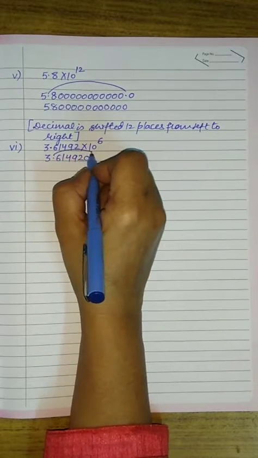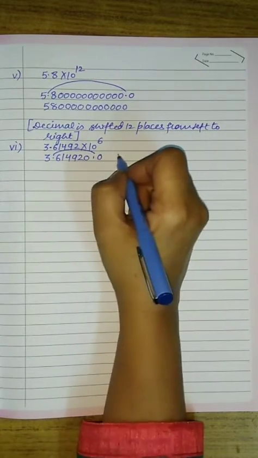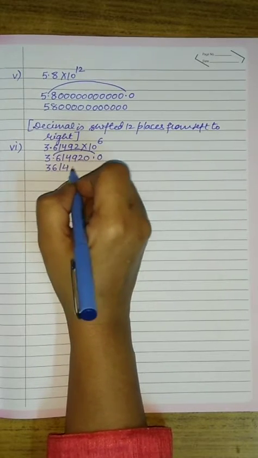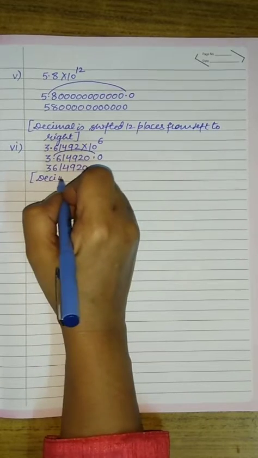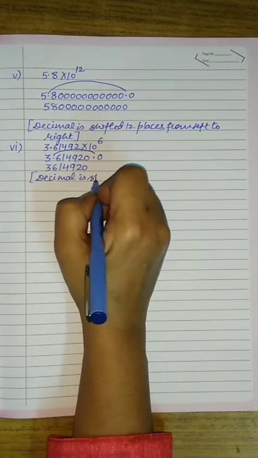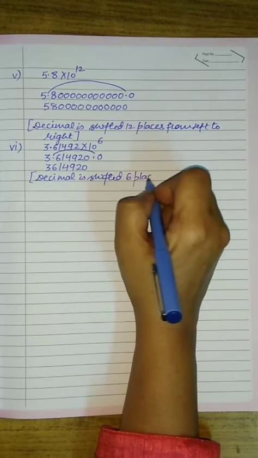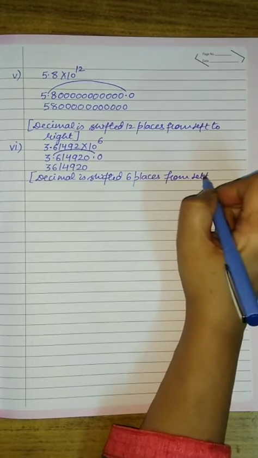So when decimal will be shifted 6 places, it will go outside the number, so the number will become a whole number. It will become 3614920. Here decimal is shifted 6 places from left to right.